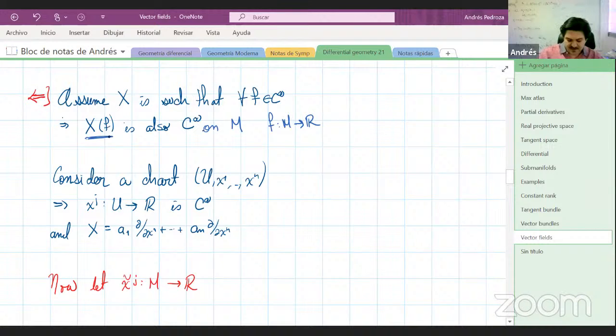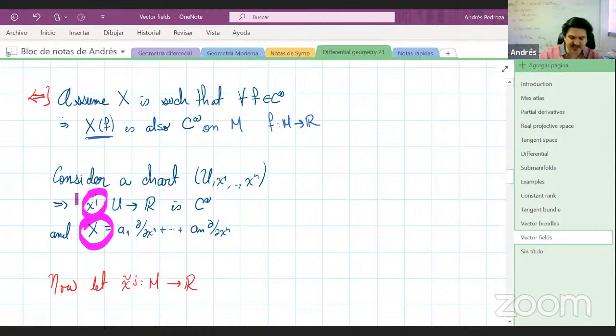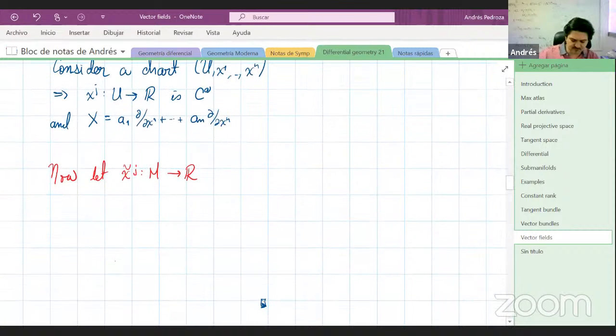So if I go into this and I apply xj, that will be a function of U, but we cannot use the hypothesis. So this is a technical detail, and this is what we have to do.